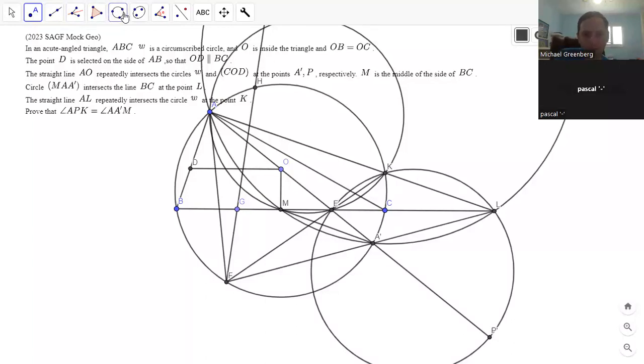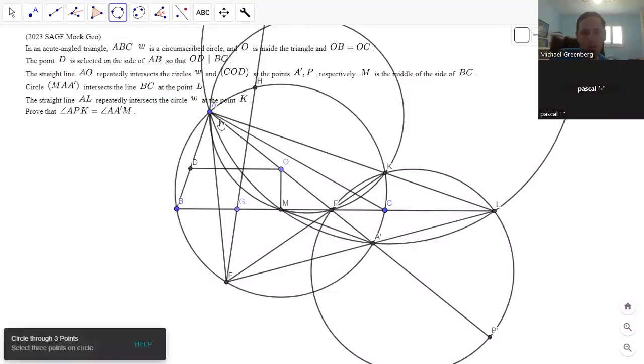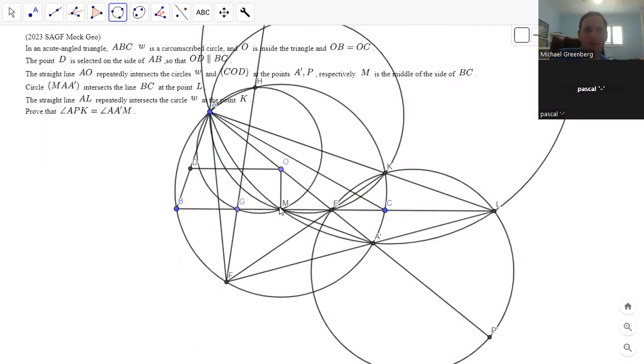That doesn't look right. No, AGMH would be cyclic. Yeah. So why is that? Is it just an angle chase? It looks like it has to be obvious, right? But I don't see it.